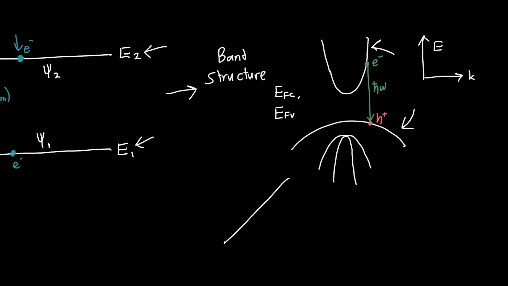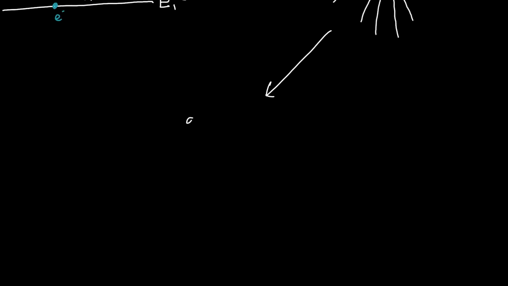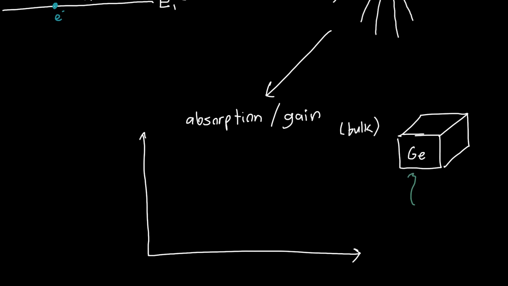Once we understand this, we can move to actually analyzing the absorption spectrum, or the absorption and gain spectrum of semiconductor devices, and specifically of bulk devices, or in other words, if I've just got a slab, for example, of germanium or gallium arsenide or something, what happens when I send in light to this material?